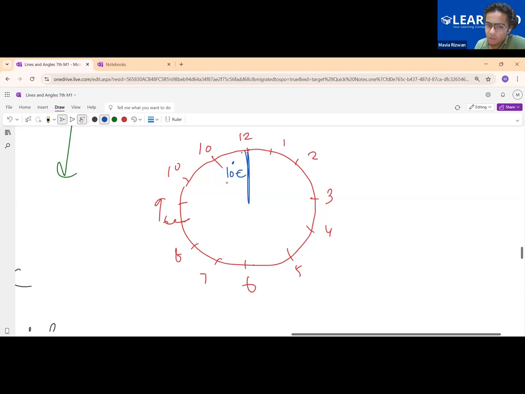Now every hour it is falling 2 degrees. So when it came here, it fell 2 degrees and became 8. Here minus 2 again, so it became 6, then 4, then 2, then 0.